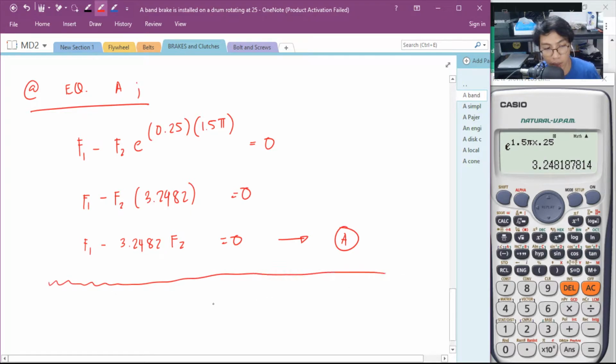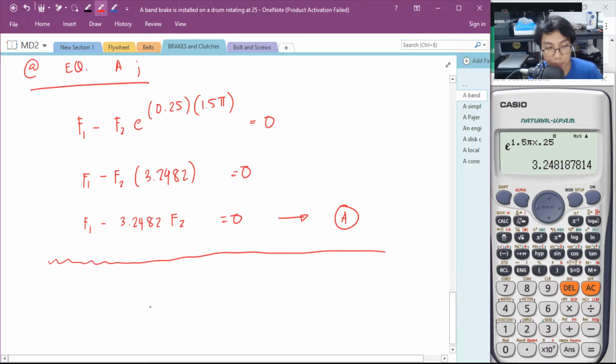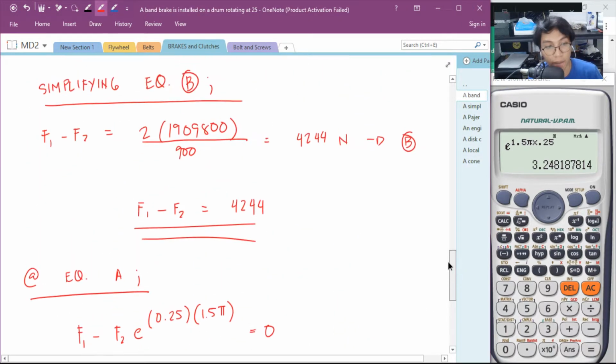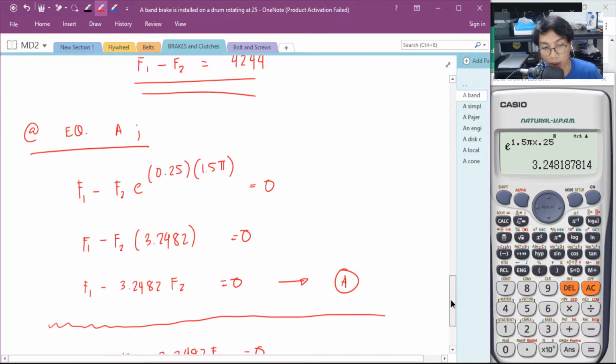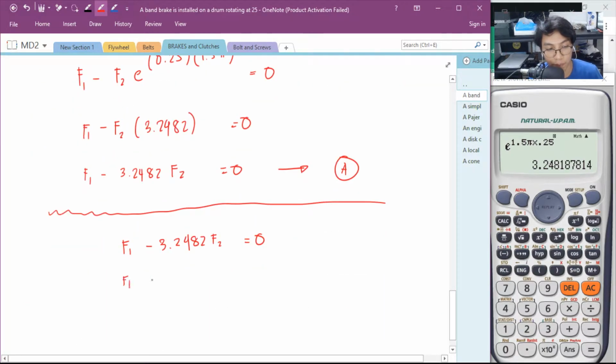This is the technique. Pagsamahin mo si A and B. F1 minus 3.2482 F2 equal to 0. That is equation A. Equation B is F1 minus F2 equal to 4244. Pwede mong subtract yung dalawa. Pero, let go of that notion, okay?